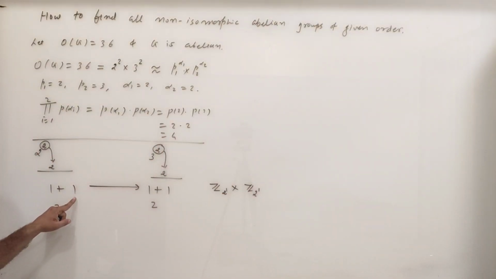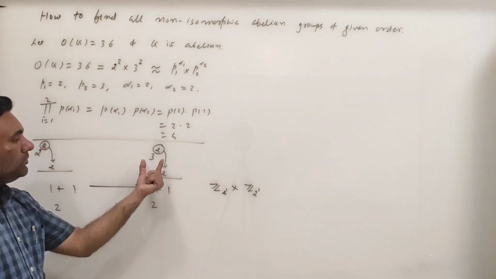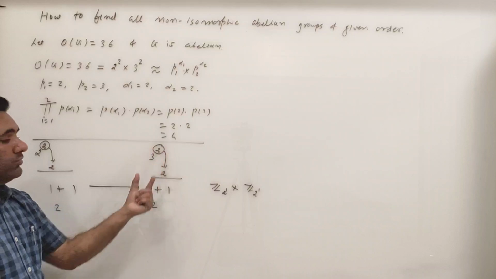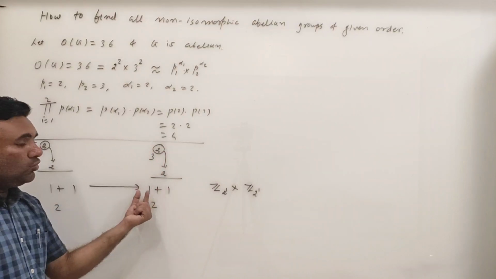This 1 and 1 is a partition of 2, and this 2 is the prime 2. Corresponding to this partition, which corresponds to p2 raised to alpha 2, there are two integers 1 and 1, two parts.